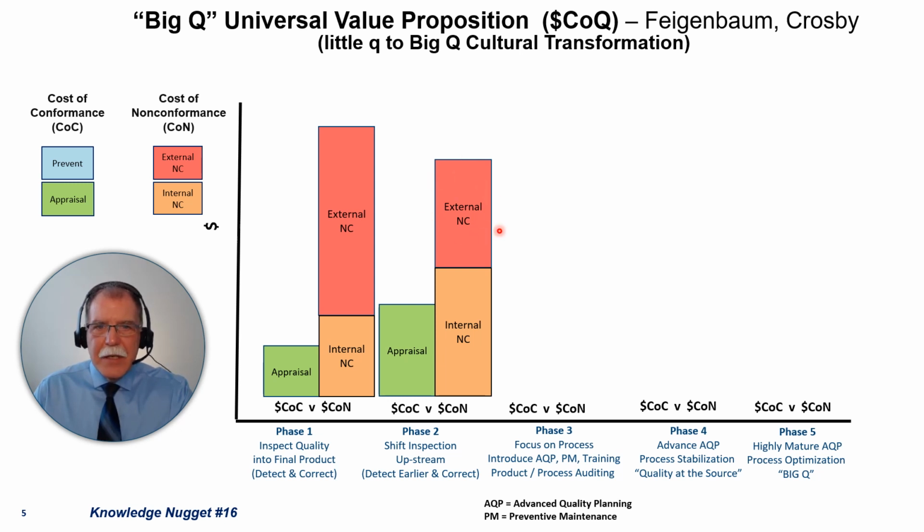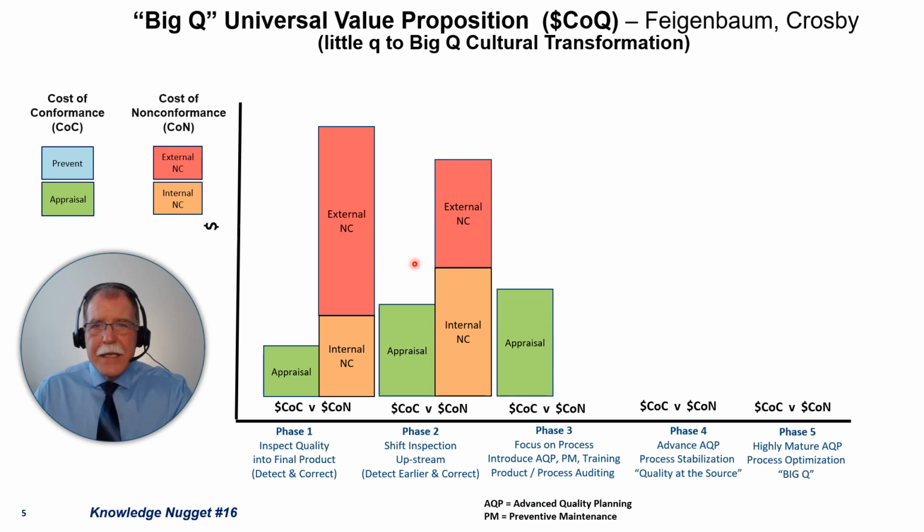I'm decreasing what is escaping to the customer as external nonconformances, but you can see that internal nonconformances have risen because now I'm containing or catching some of the nonconformities before they get to the customer. In addition, I'm kicking in some root cause and corrective action methodologies that are also helping me learn how to prevent recurrences that have an impact on the total cost of nonconformances.